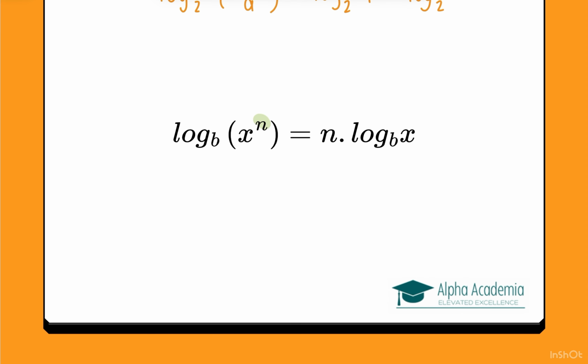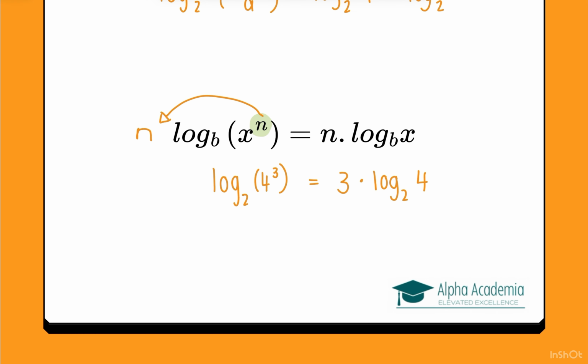What do we do when I have an exponent within my brackets? Okay, what you would then do is you would have to remove that exponent, but you can't just get rid of it. So you're then going to multiply the log by that exponential value. So if I gave you log 2, 4 to the power of 3, you would take that 3 to the front and multiply the log by that value.